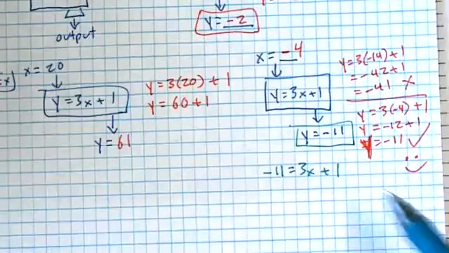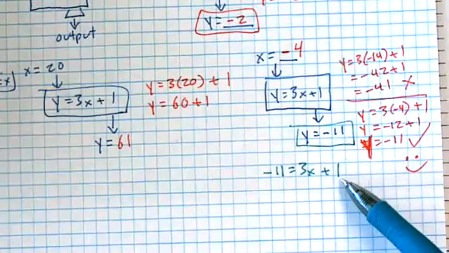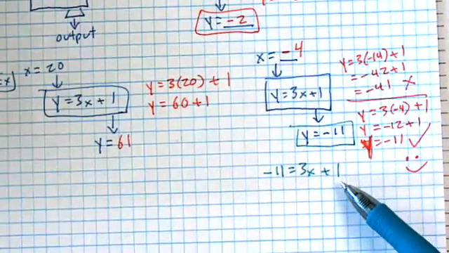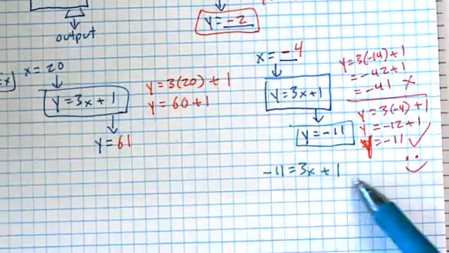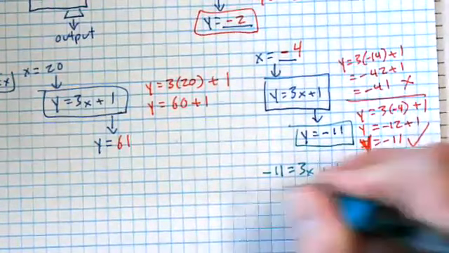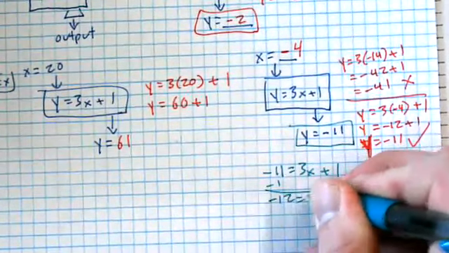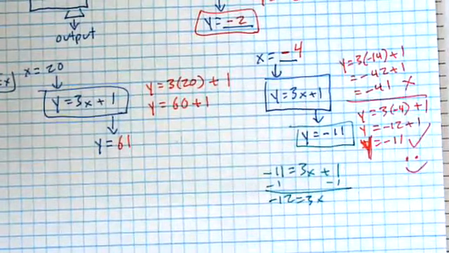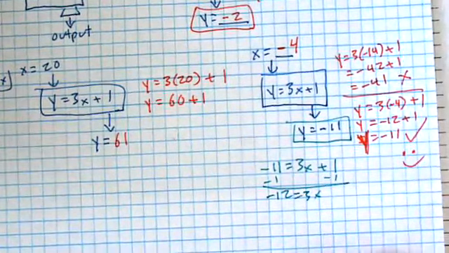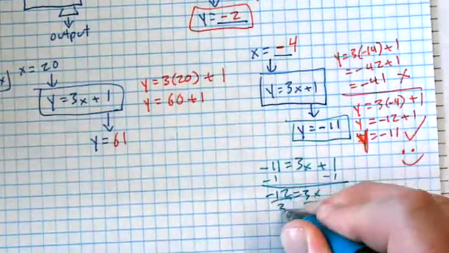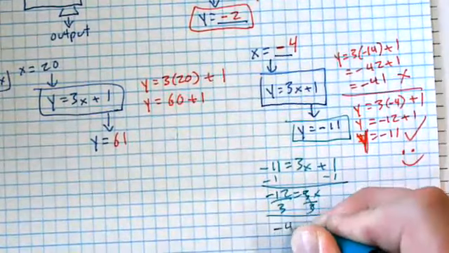If I had given you this equation and asked you to solve it, how would you have solved it? Well, you would have done the exact same 2 steps that you just told me, right? You would subtract 1 on both sides to get negative 12 equals 3x. And then how would you get rid of that 3? You would divide by 3 on both sides and get negative 4.